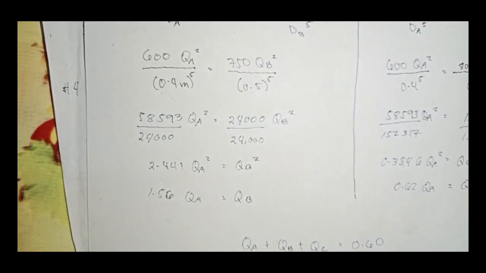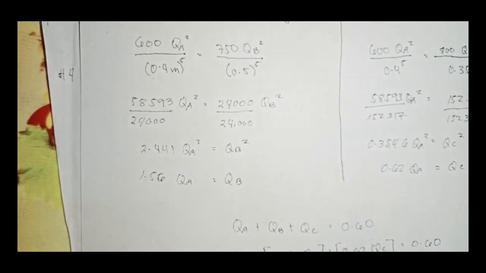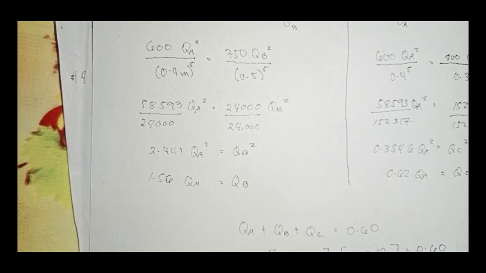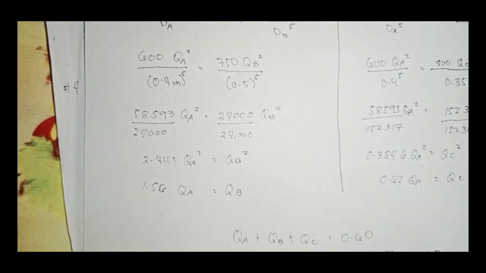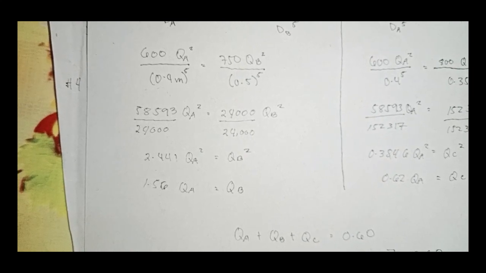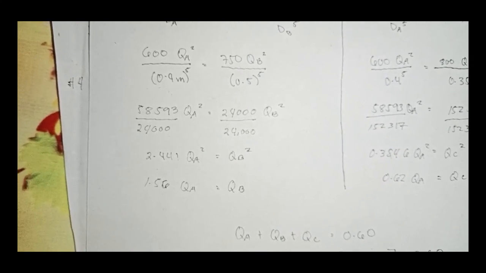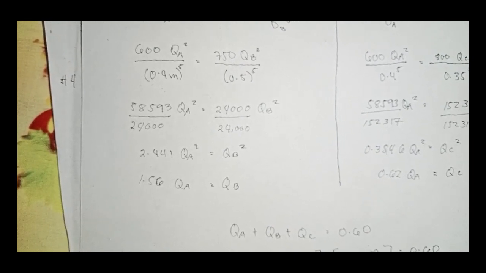Now we are left only with length times Q squared over diameter to the fifth power. 600 QA squared over 0.4, which is our diameter, to the fifth power is equal to 750, which is our length for B, times QB squared over 0.5 to the fifth power.